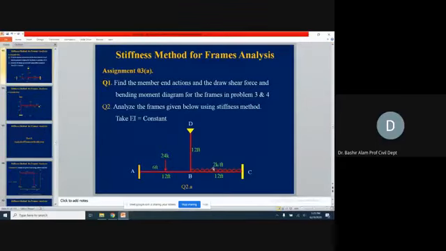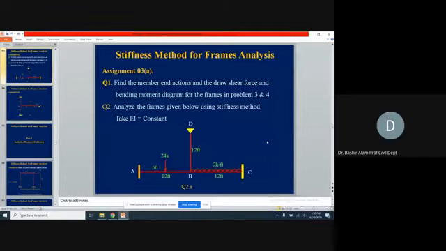Now coming to the assignment, find the member end actions and draw the shear force and bending moment diagrams for that H frame we did, and the frame we did for problem number 4. So you will have to draw the shear force and bending moment diagrams, and for that you need to find out all the member end actions. And then analyze the frame given below using the stiffness method.